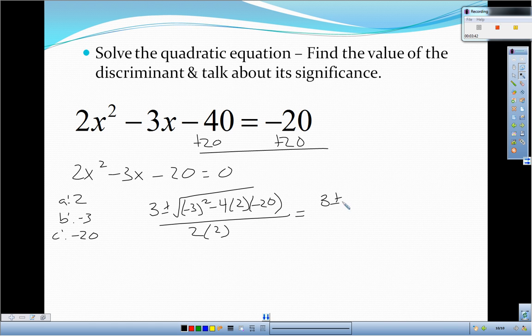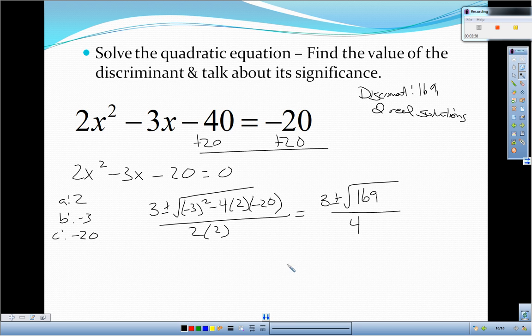Plugging just what's inside the radical in my calculator will give me 169, and so that is the value of my discriminant, which means since it's a positive value, I'm going to have two real solutions, and graphically speaking, my graph is going to hit the x-axis in two distinct places.